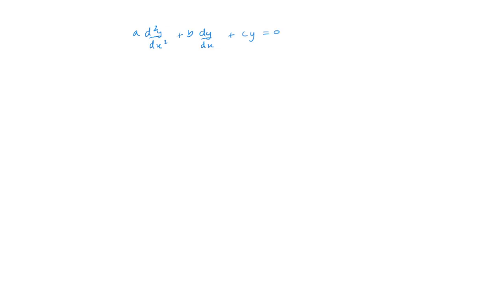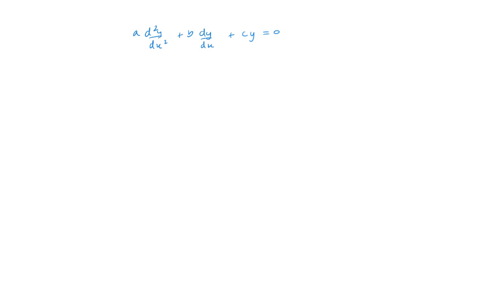Now when they're of this form with the 0 on the right hand side, these ones are called second order homogeneous differential equations with constant coefficients.